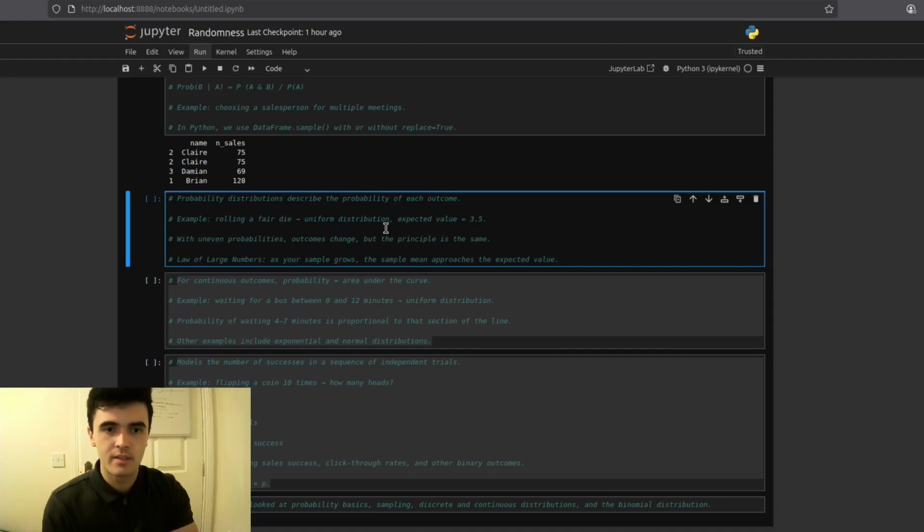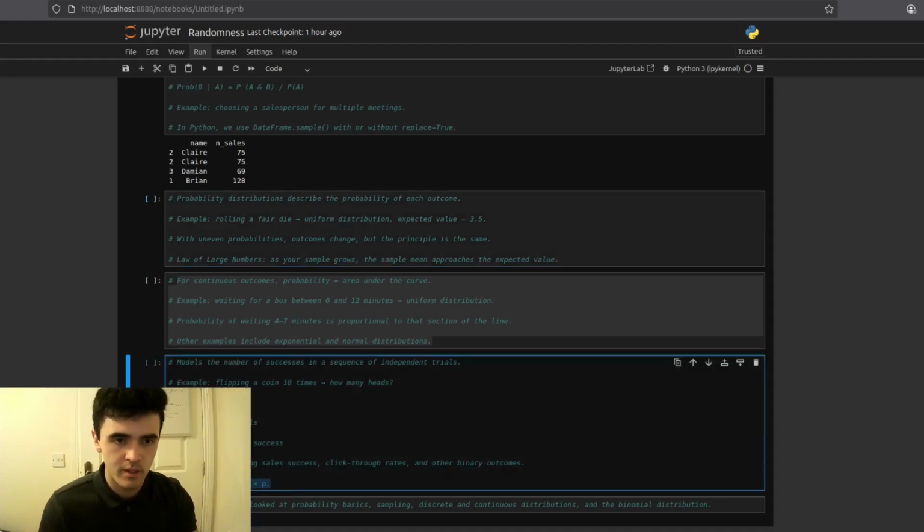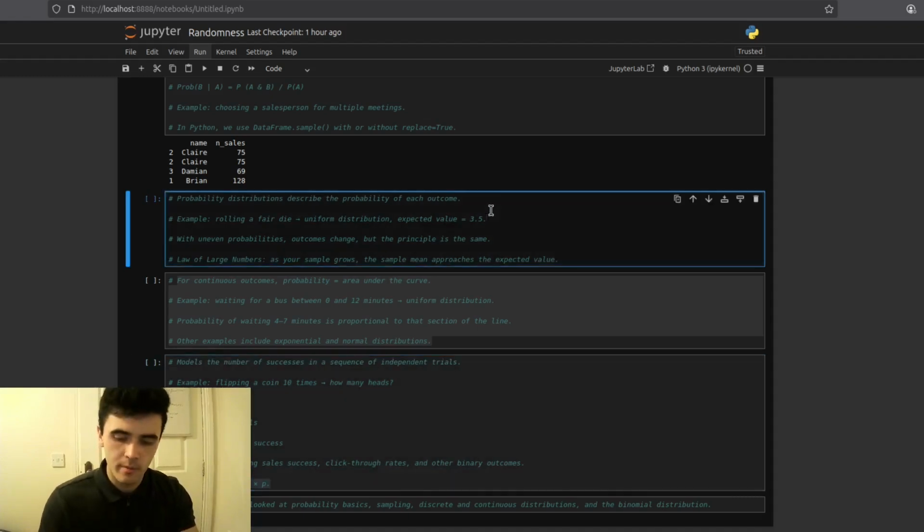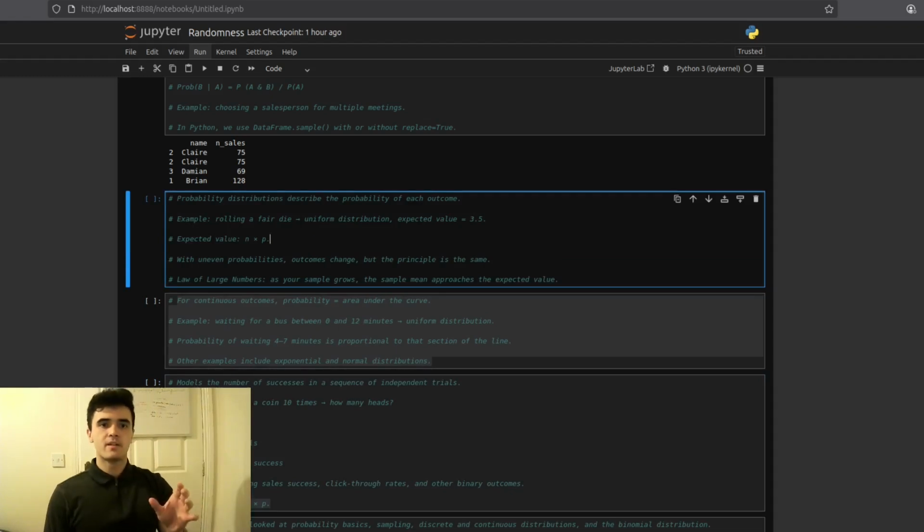You basically take, it's down here, the expected value. I don't know why I have it down there. It should really be up here. Your expected value is basically the probability multiplied by your event. So the event here in this case is rolling a 1, and the probability of that happening is 1/6.